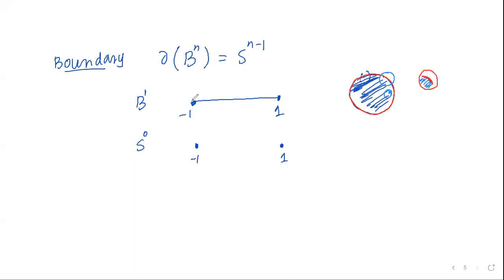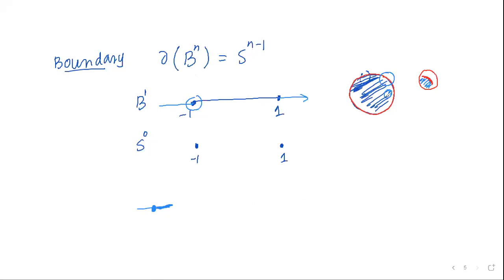For example, here -1 and 1 are the boundaries of this line segment, because if I take a part of the line, half of that part is in the ball B1 and the remaining is not part of B1. Okay, so all spheres are actually the boundaries of the balls.